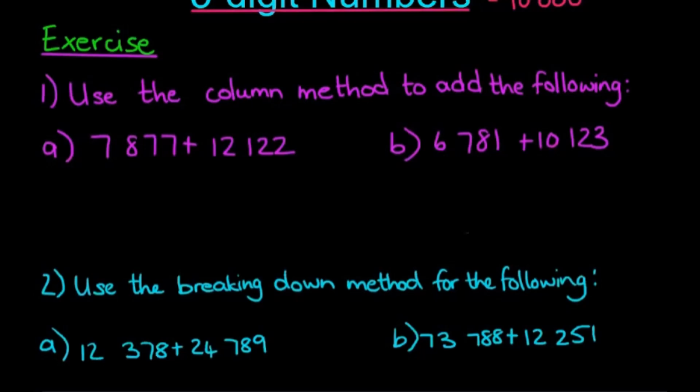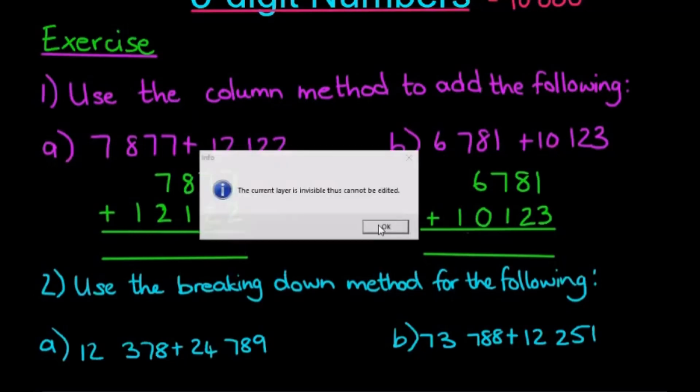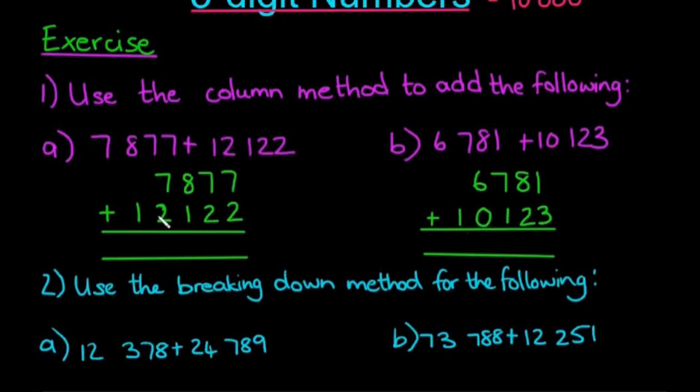So the first thing that we're going to do for 1A and 1B, I've already put them into the columns. We're going to go through and we're going to be adding them. So 7 plus 2 gives me 9.